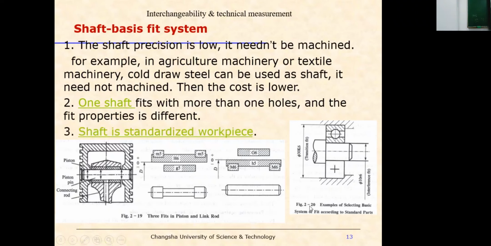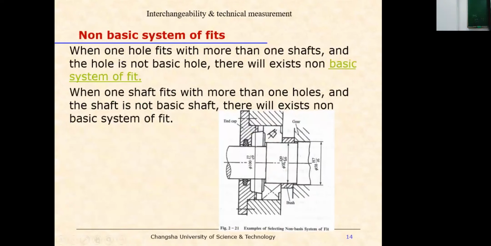And another case is a standardized workpiece, like this bearing. The bearing is a standard workpiece. In these cases, we use the shaft basis to design the hole. This means that in common conditions we use the hole basis, but in these three conditions, we use the shaft basis.